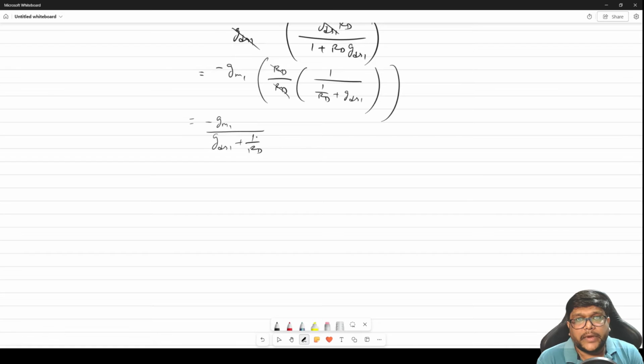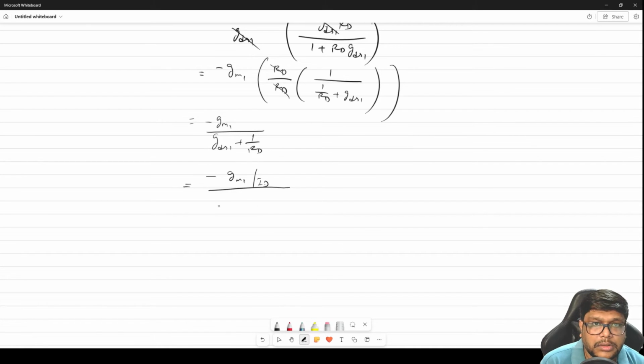from here if I divide ID everywhere, so what will I get? Minus GM1 divided by ID, GDS1 divided by ID plus 1 by ID RT.